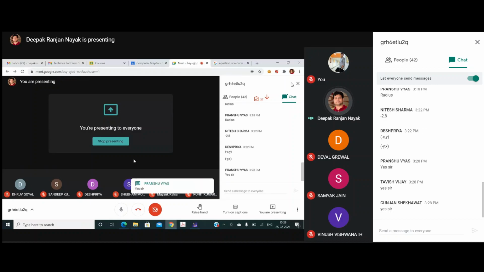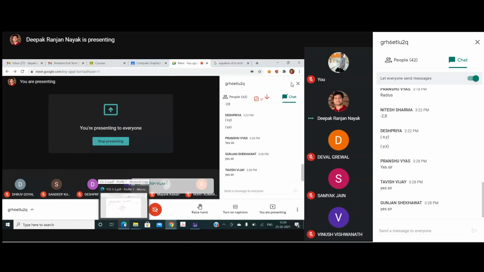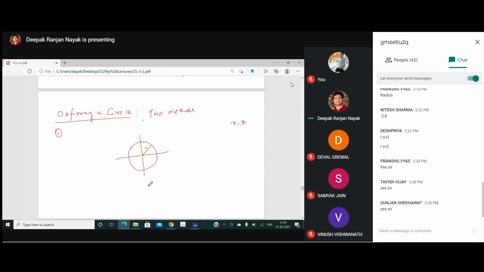So what is that? And there is no xc and yc here. Here the values of xc and yc are nothing but the center. Here it is 0, 0. This is the origin.